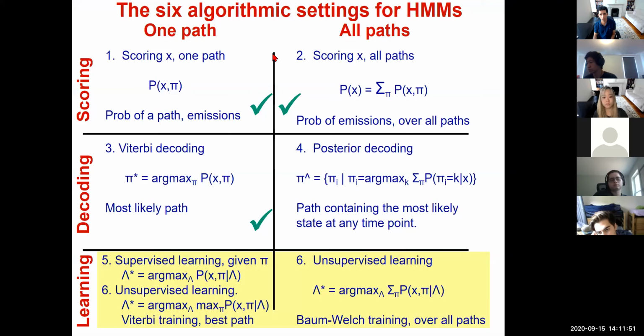So basically, we've now covered the first two rows of our matrix. We've talked about scoring over one path, decoding over one path, scoring over all paths, and posterior decoding over all paths. Okay, so who's with me so far for the first 4 quadrants of this matrix?